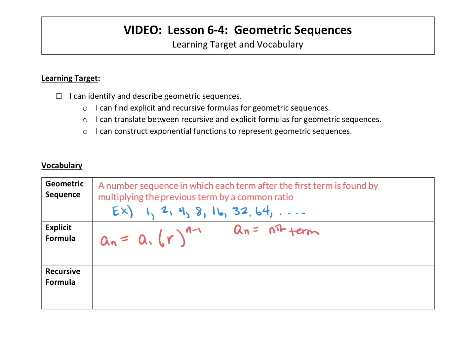So if I said a sub 5, that would be the 5th term. a sub 20 is the 20th term. This a sub 1 is the first term of the sequence. And then the r is the common ratio. So that's the structure of an explicit formula.